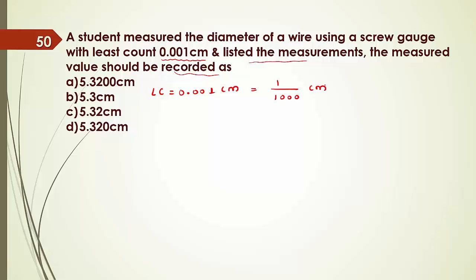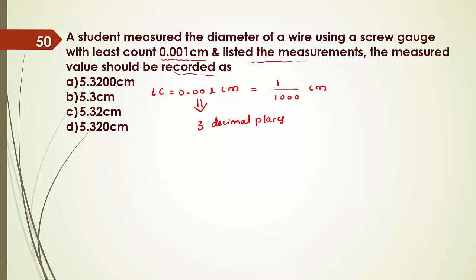So this measured value should be recorded up to 3 decimal places. See here, in the least count 0.001 centimeter, how many digits are there after the decimal point? 1, 2, 3. 3 decimal places. Using this screw gauge, they are going to take certain readings.